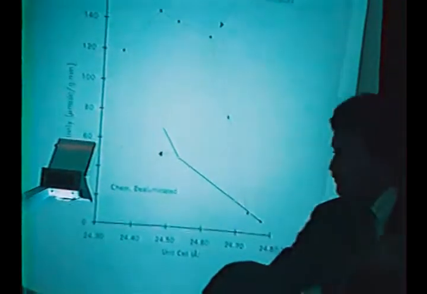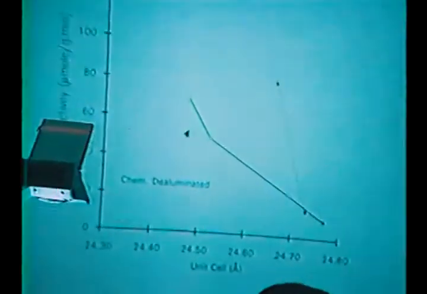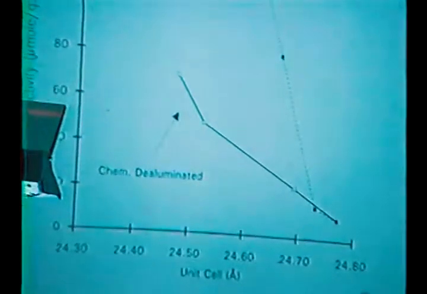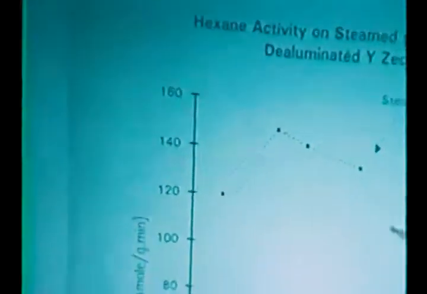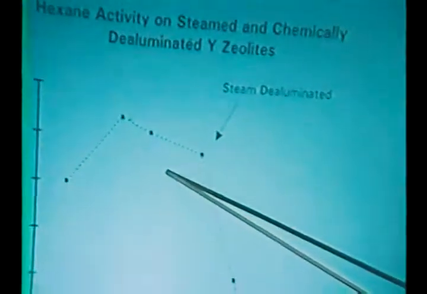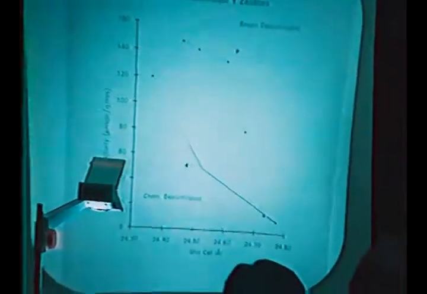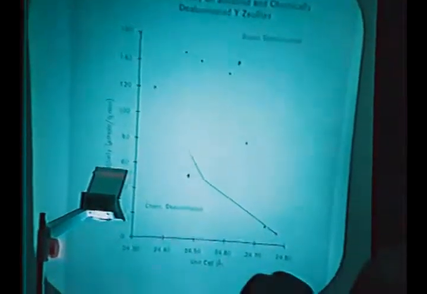Now, in terms of hexane cracking activity, we see the opposite. The steamed ones, as you go further on in steaming, the cracking activity increases substantially, and at the same unit cell size, that of the steam dealuminated one is much higher than the chemically dealuminated sample.